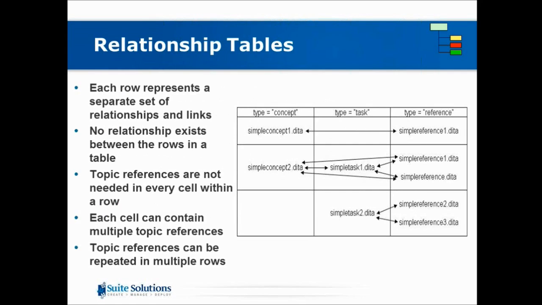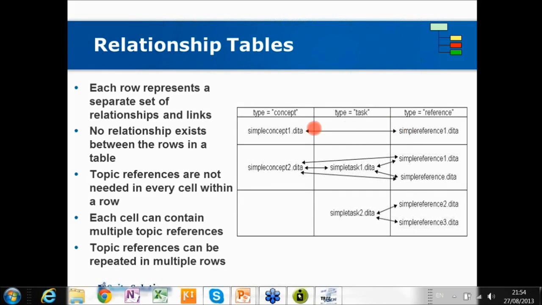So here's an example in this next slide about how the relationships work. Each column in the table represents a type of topic, and each row in the table represents one set of relationships.